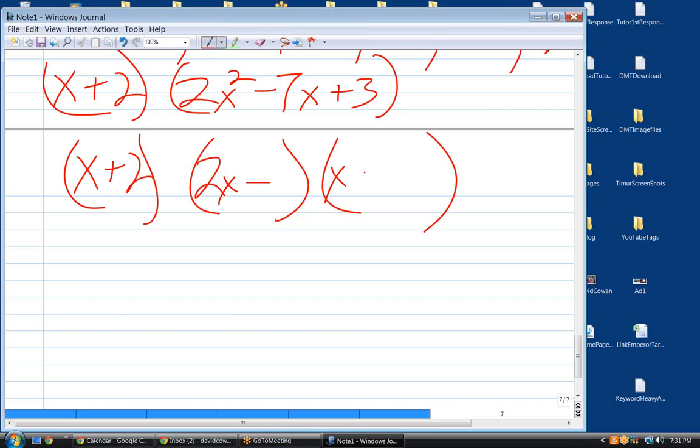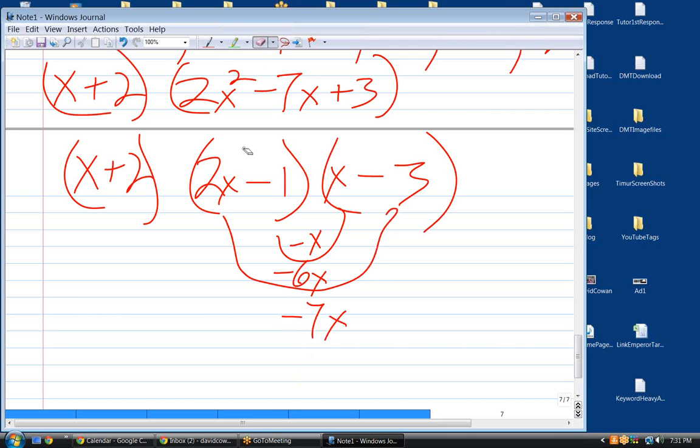No, both minus. When we examine that, the signs have to be the same, and they have to be whatever the sign of the middle term is. So it's minus, minus. Well, with 1 and 3, I can either put 1 there and 3 there, or 3 there and 1 there. This produces a middle term of minus 7x. Minus x there, minus 6x there, add them together, minus 7x. So that means this is the correct factoring.